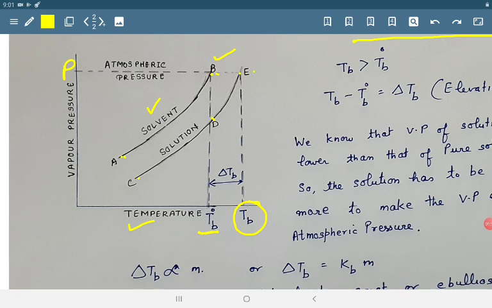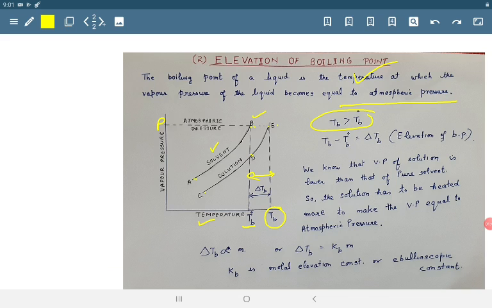So TB is the boiling point of solution, and this difference, as you can see, delta TB, is termed the elevation of boiling point. So obviously from the graph, TB is greater than T naught B, and the difference between the two is termed as elevation of boiling point.